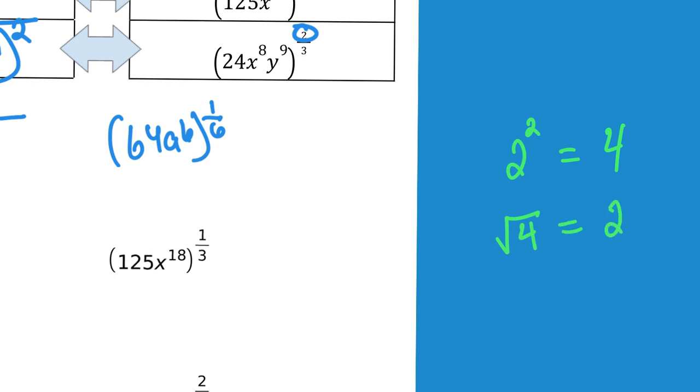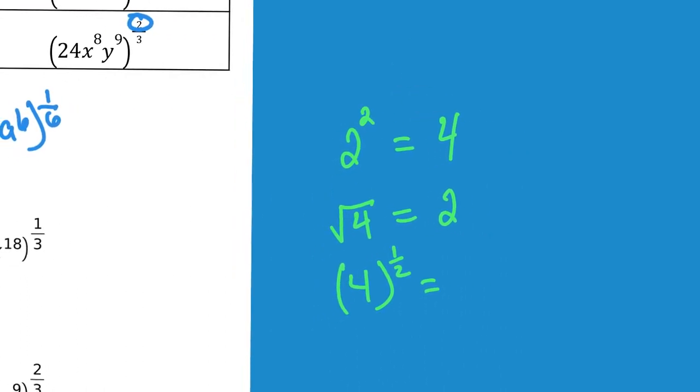If you have 4 to the 1/2, isn't that the same thing as the square root of 4? So look, because 4 is 2 squared, we have 2 squared to the 1/2.